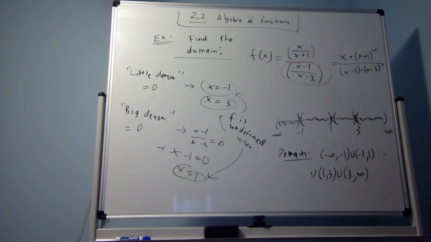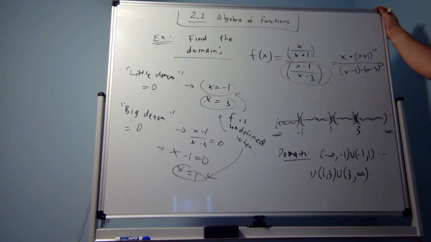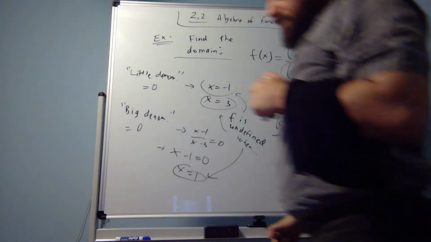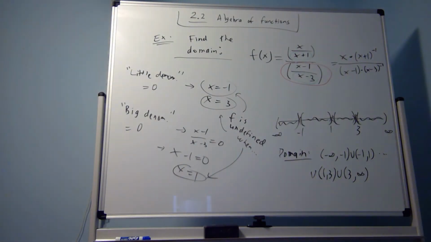So I think this one, there's a little bit more going on here, but I wanted to give you kind of, in this class, it's not going to be any worse than this. As far as domain goes, I've given you just about one of everything that you might see in a class like this.